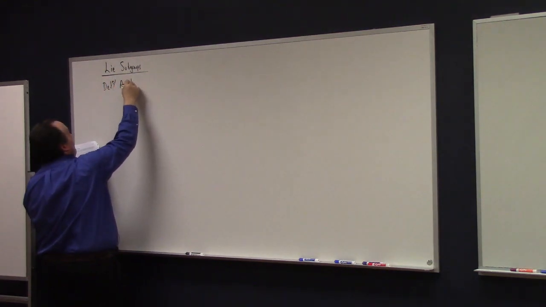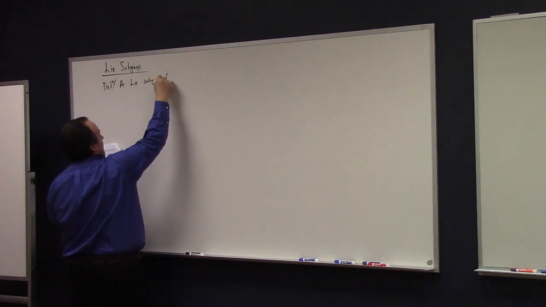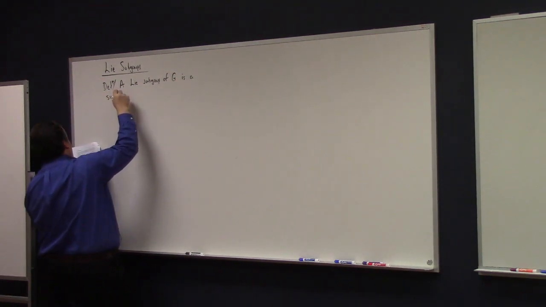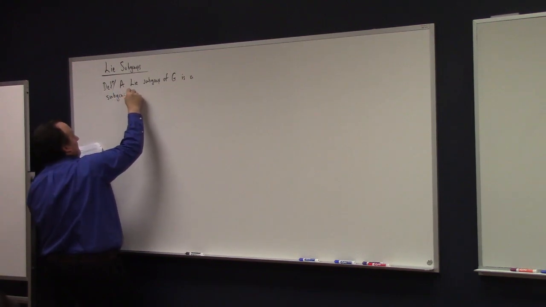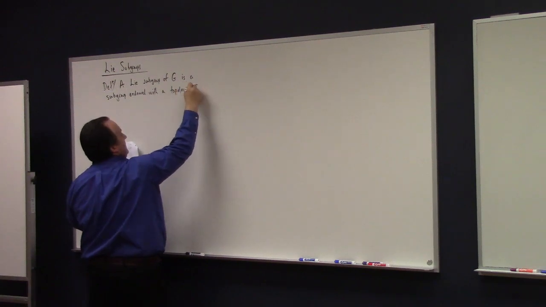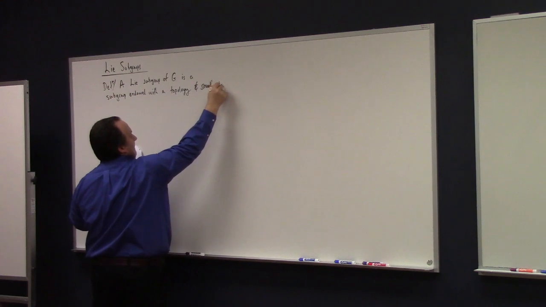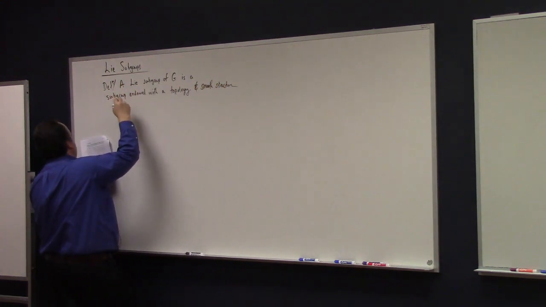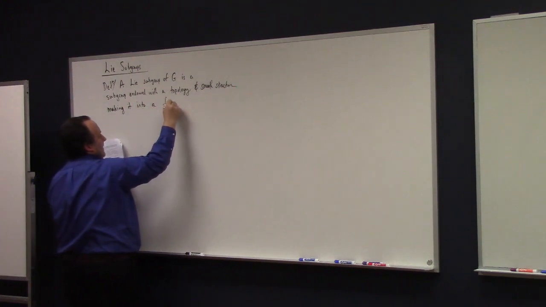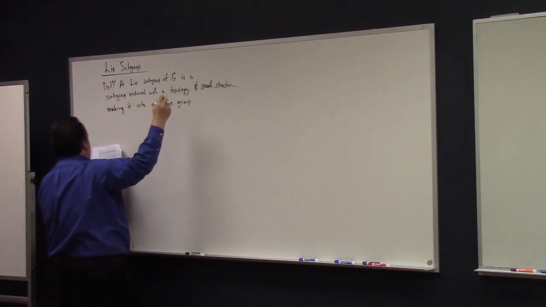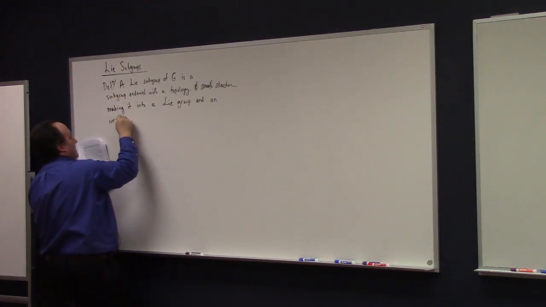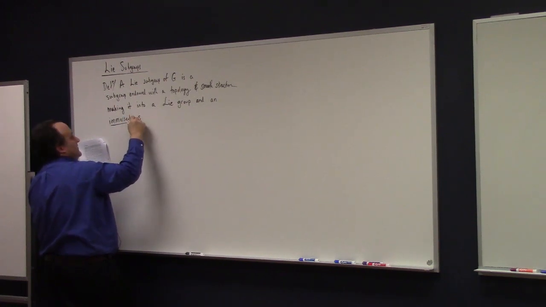A Lie subgroup of a Lie group G is a subgroup endowed with a topology and smooth structure, making it into a Lie group and an immersed submanifold of G. So this is pretty much what you told me last time, Jeff, I think.